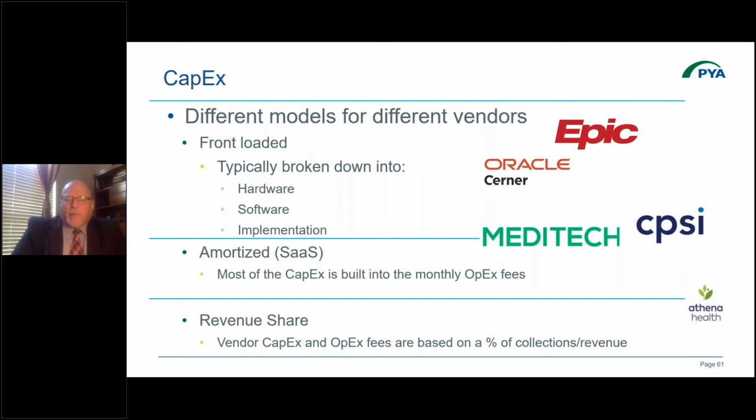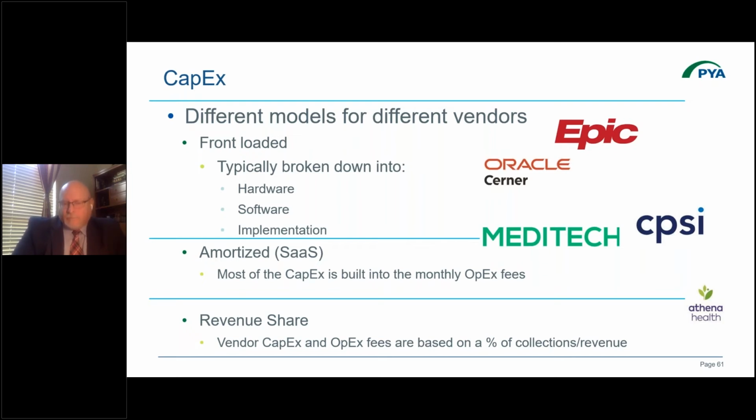And then down here on the bottom third of this is the rev share. That's really, hey, look, we'll get our money based on what you collect. So that's Athena, and then we've seen some other models start to drift towards that. Some are piloting that, and it works kind of like your outsourced rev cycle management companies, but you see some EMRs and other vendors moving towards that, where we'll take a percentage of your revenue, or a percentage of whatever service we're providing.